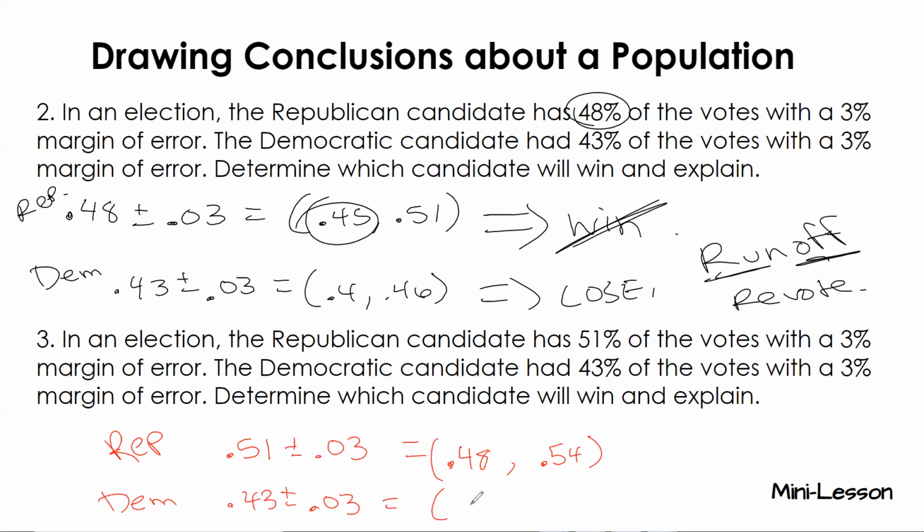So that's going to give us 0.4 and 0.46. This one, we could say that the Republican would win because the majority of the time, he's above that 50%. The Democrat never hit 50%.